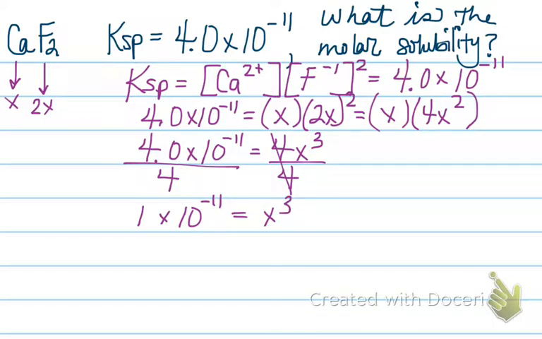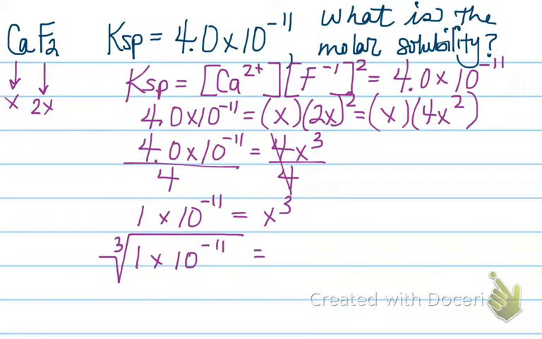And now when you have something cubed, we can take the cube root of it. Ask your neighbor if you don't know where to find this function in your calculator, but you can do the cube root of 1 times 10 to the negative 11th.